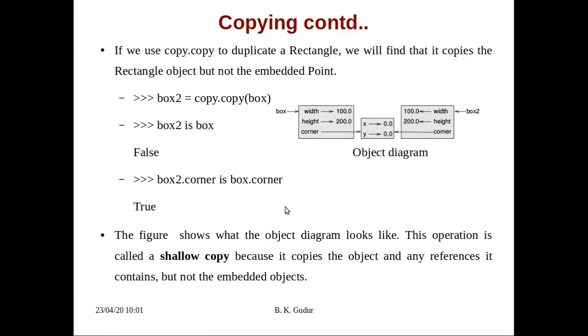So we are going to copy the box and see the impact. When we copied one point to another point, the point P2 had the same data as point P1. Now let us copy a rectangle object and see the effect.